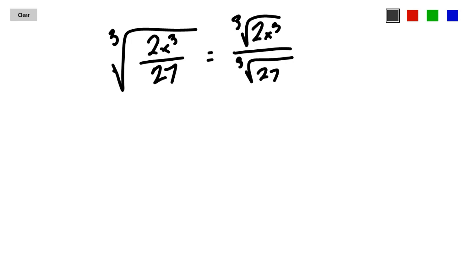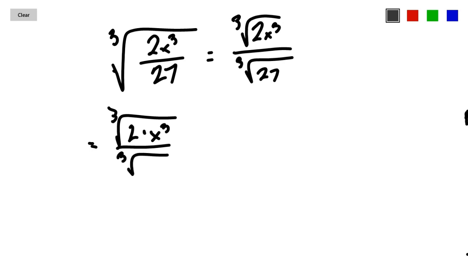I can rewrite the numerator as the cube root of 2 times x cubed over the cube root of 27. And then I can rewrite the numerator again as the cube root of 2 times the cube root of x cubed.